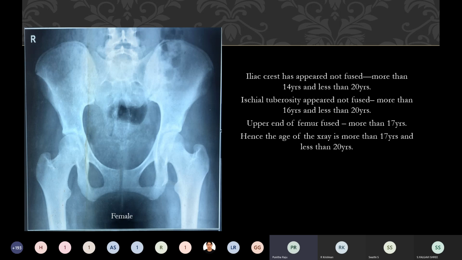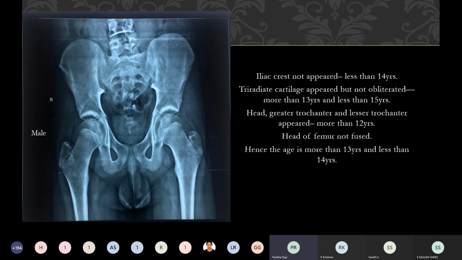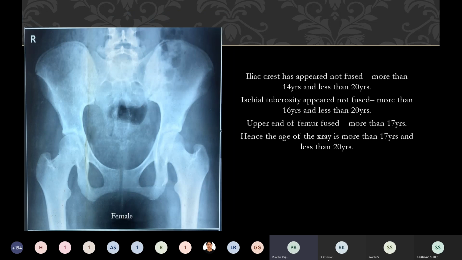You can see a small gap there. If this gap is present, it means the hilea crust has appeared, but it is not fused. When you compare this with the previous X-ray, you don't see such a cap-like structure above the hilium. So in the previous X-ray the hilea crust has not appeared, but in this X-ray it has appeared but is not fused.